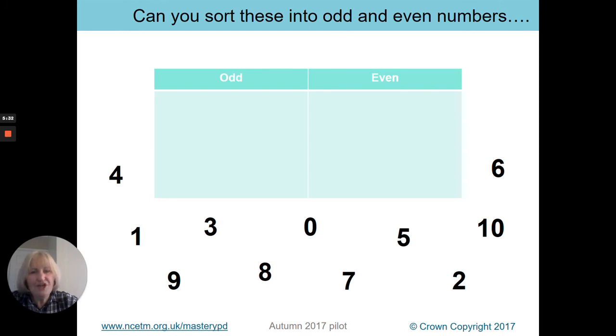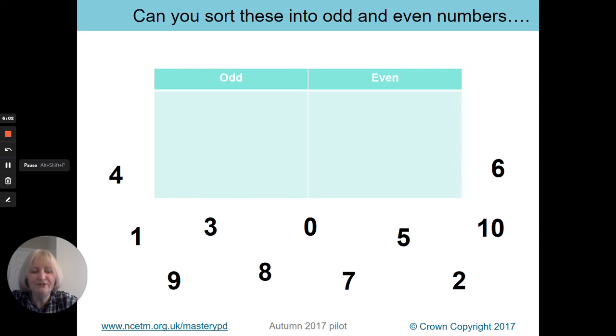Okay, can you sort these into odd and even numbers? So on your page, I want you to write odd and draw a line, and on the other side write even, and write down which numbers should be on the odd side and which should be on the even. Pause the video now and have a go, and then come back and let's see how you got on.